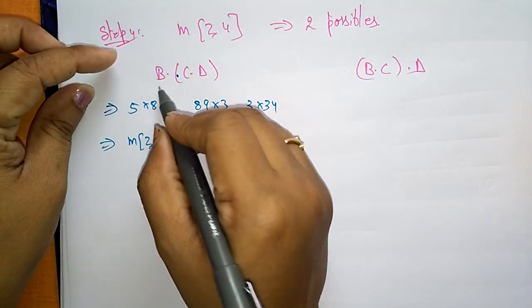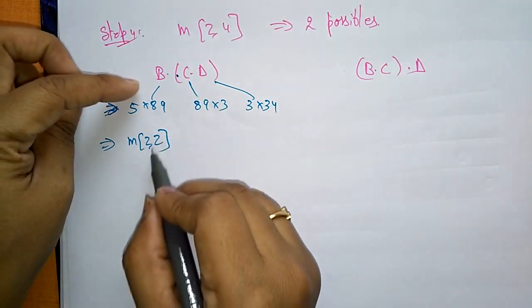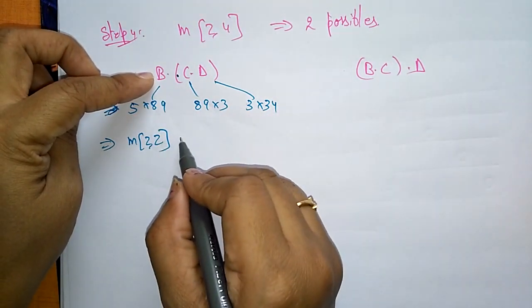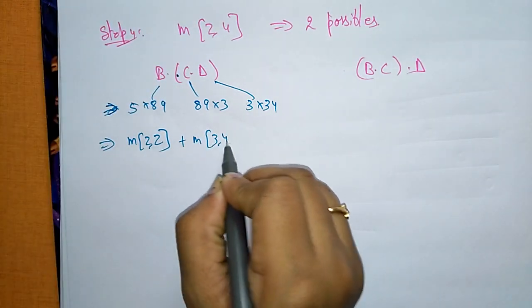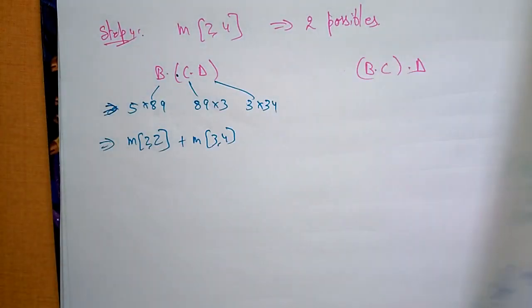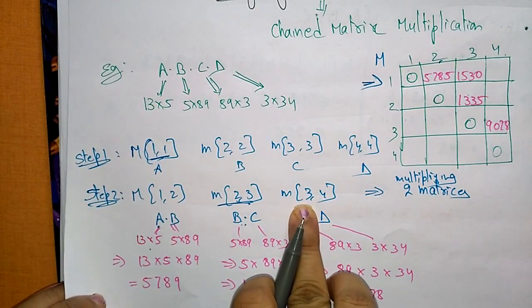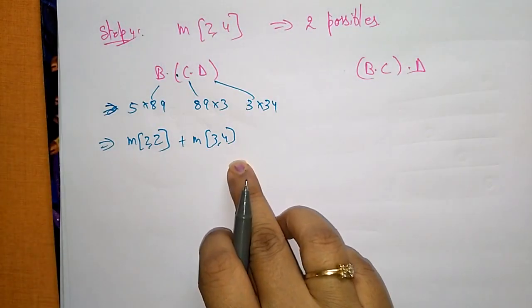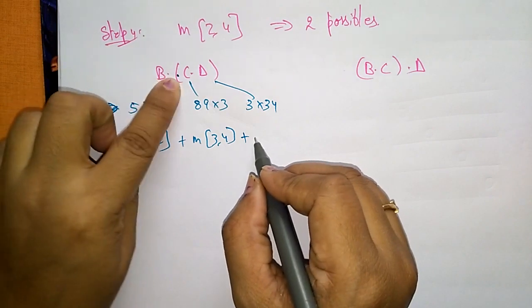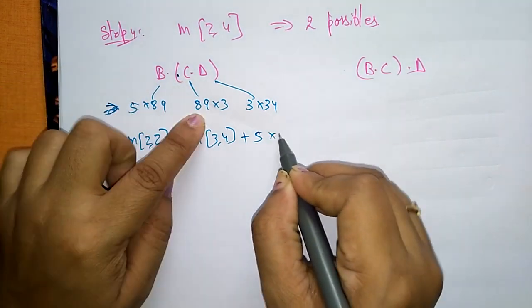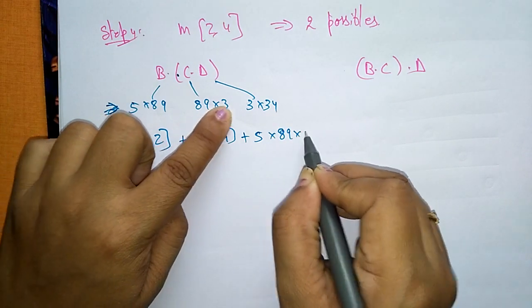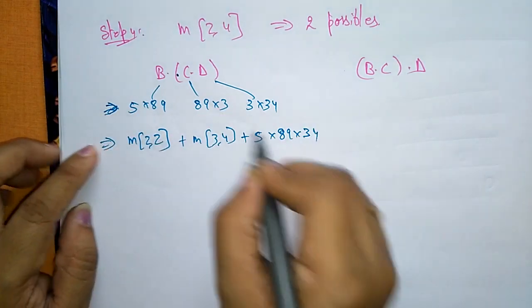So M of 2, 2 plus C dot D means M of 3, 4. So already I calculated C dot D, which is 3, 4. So plus M of 3, 4. And the cost of this complete matrix is 5 by 89 by 34.